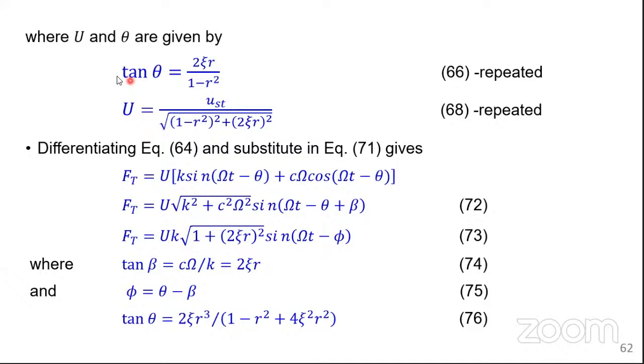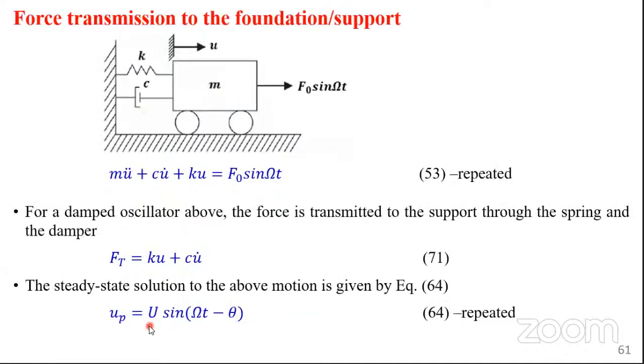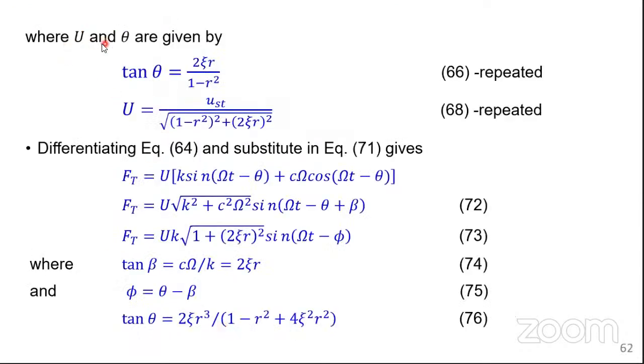Now, of course, remember how we used the polar coordinate to condense our equation, and we came up with theta, and U, where we are able to get the amplitude of the steady state response in a simplified manner when you use the ratios. So all these equations are repeated.